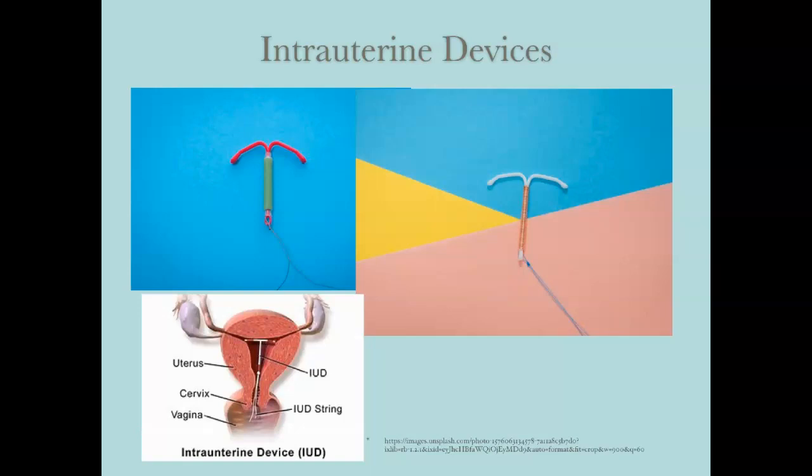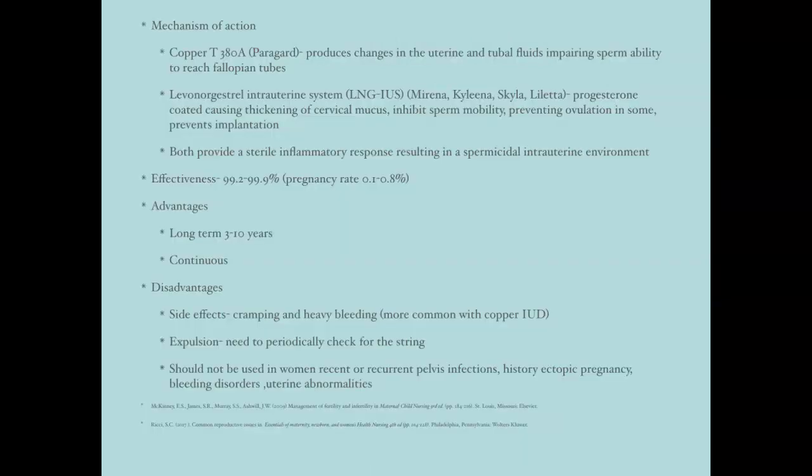So usually we cut that string off, and we have the patient, particularly after their menses, just check and make sure that the string is about the same length. If you see that it's longer, or if you don't find it at all, that might be a reason to come in and just have it checked.